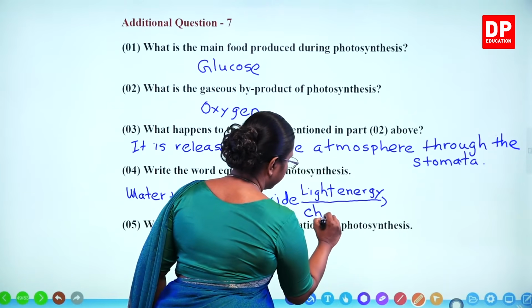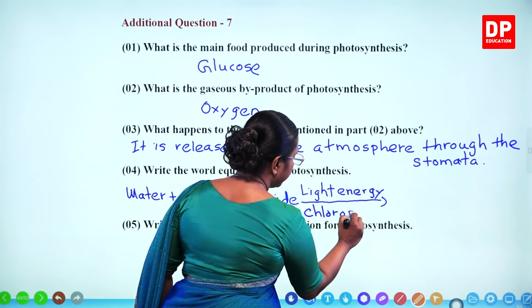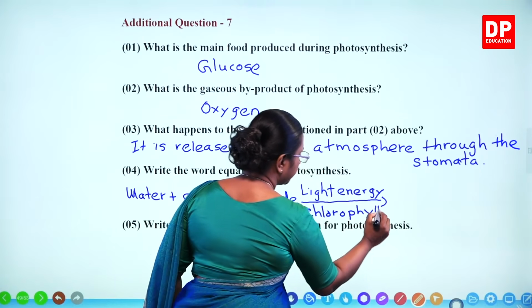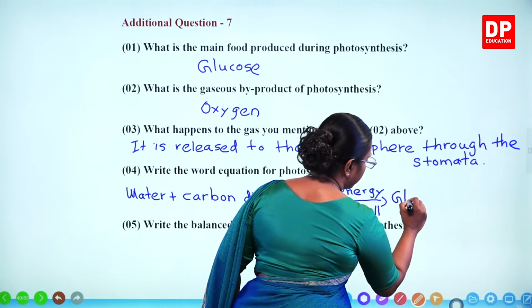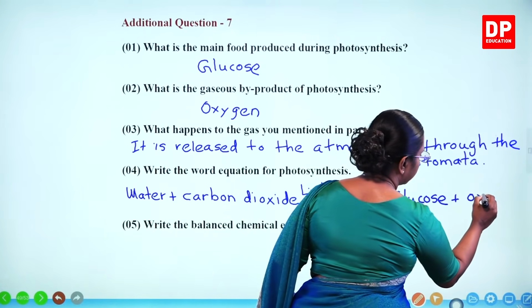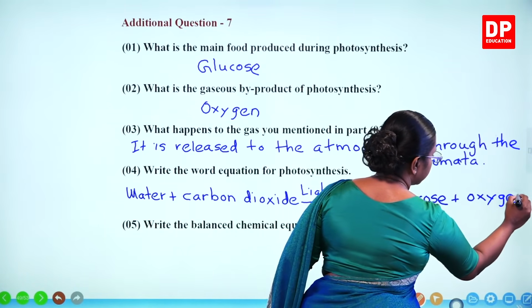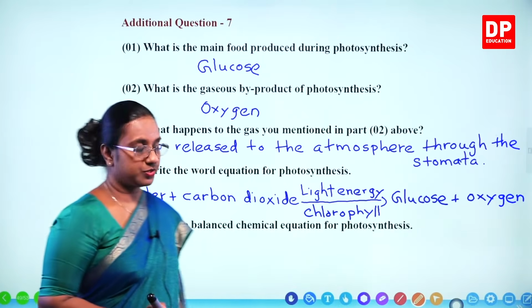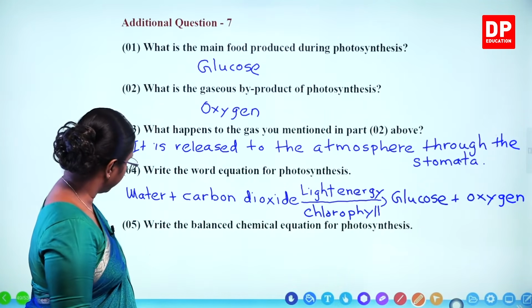And we need chlorophyll. From this glucose and oxygen are produced. Then we have the next one.